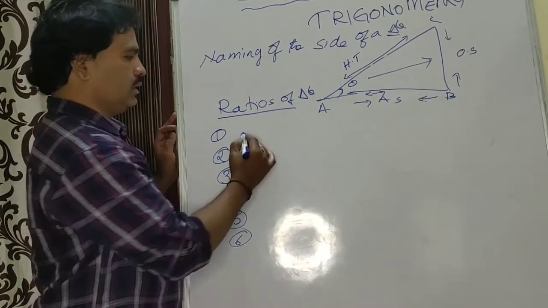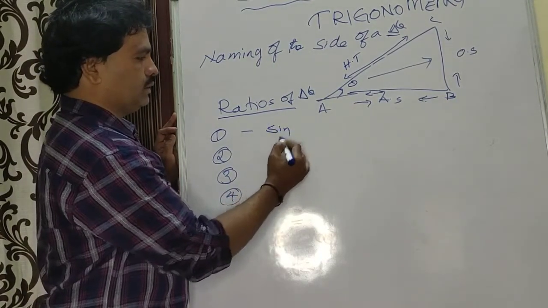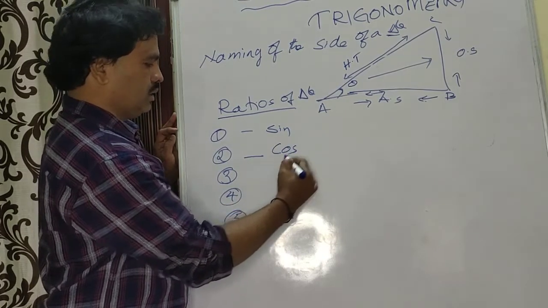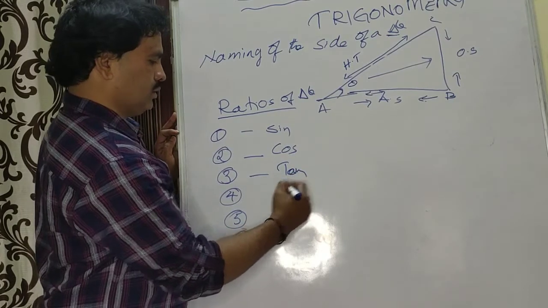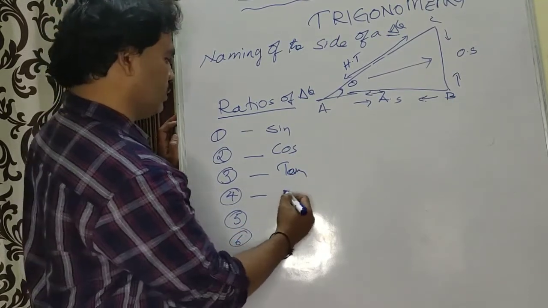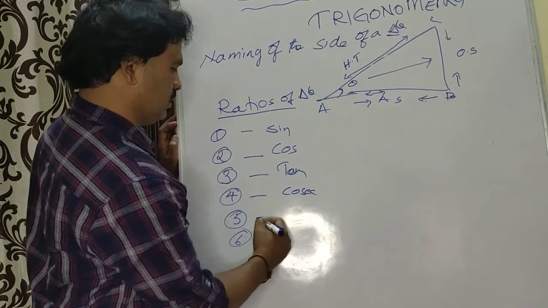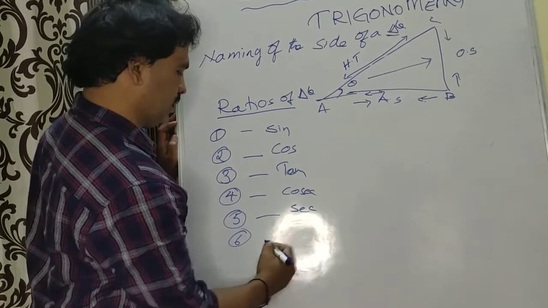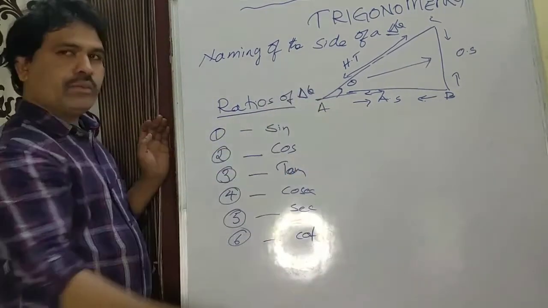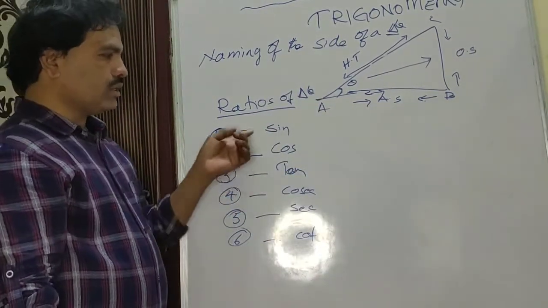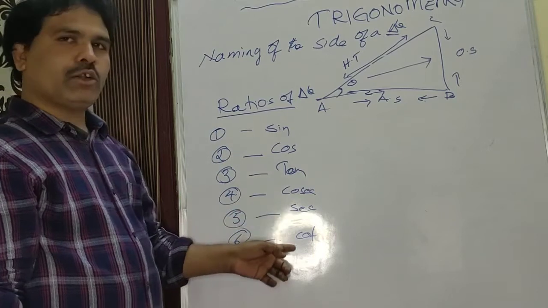The first one is sine. Second one, cos. Third one, tan. Fourth one, cosec, sec, and cot. So trigonometry has the ratios called sine, cos, tan, cosec, sec, and cot.